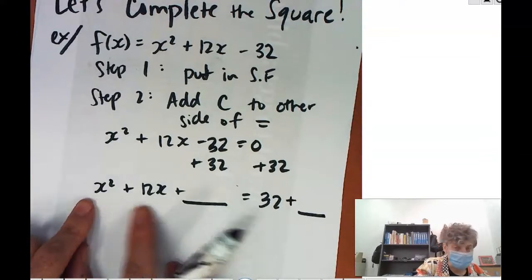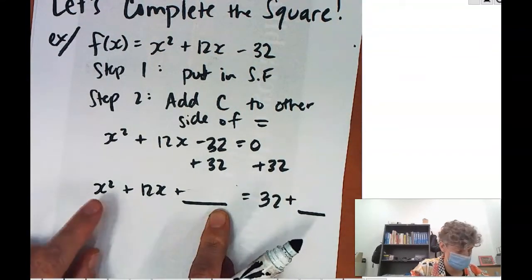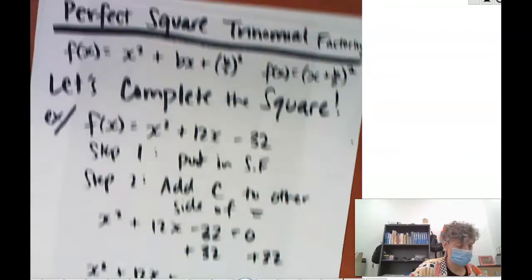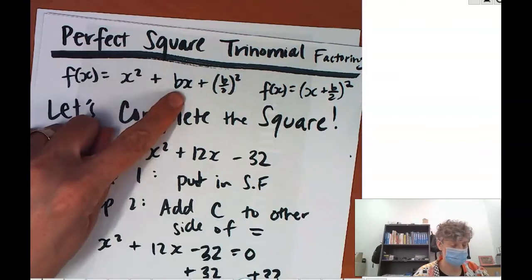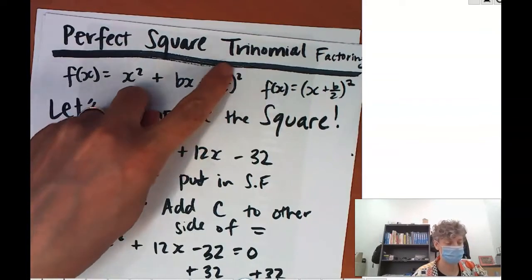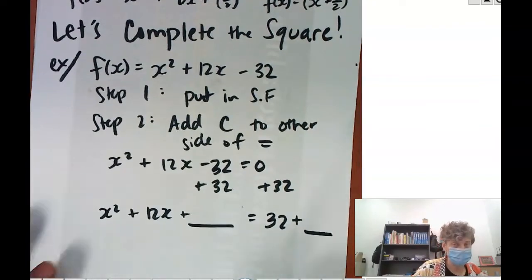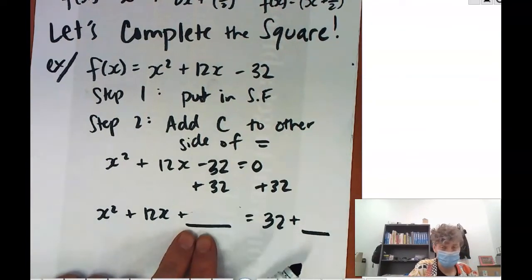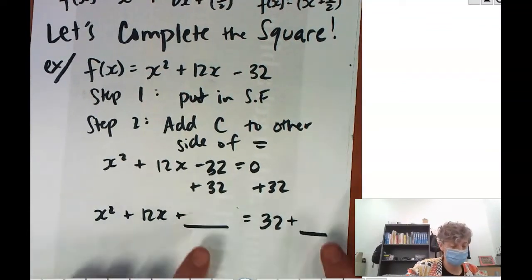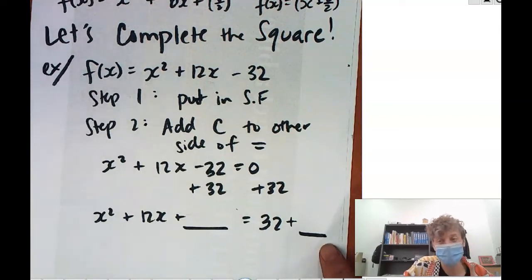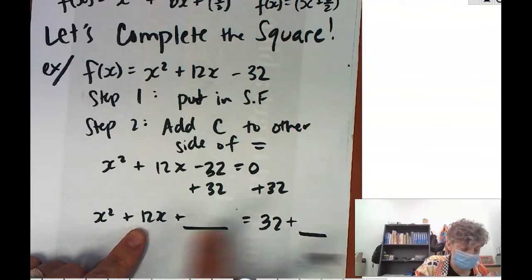We're going to make this part into a perfect square trinomial, okay, which if we recall was x squared plus bx plus b over 2 squared. So to decide what we're going to be adding to both sides of the equation, which we have to do to maintain equality, we'll take our b term, divide it by 2, and square it.